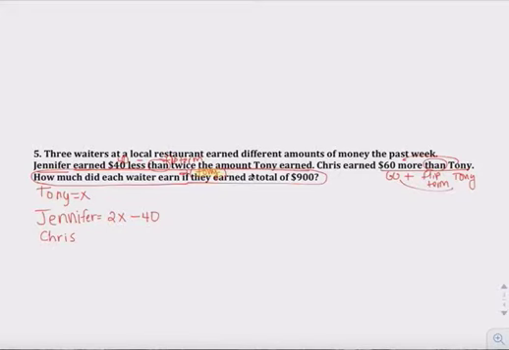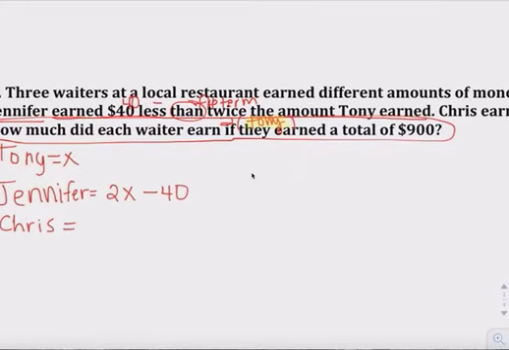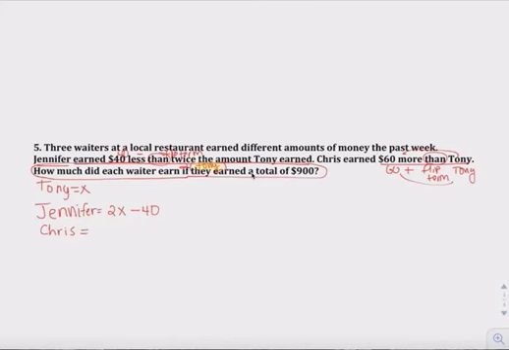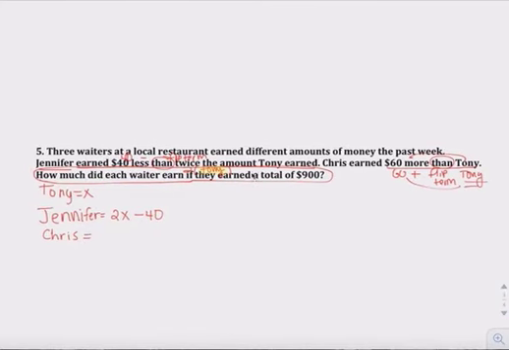So it's Tony plus 60, because we need to flip because of the word than. Chris is Tony, which is X, plus 60.